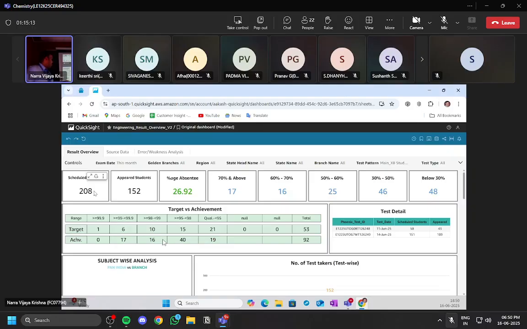Out of 208 students, 150 students appeared. What about the remaining students? 56 students, right? I will consider our branch strength as 152 only. For sure, I will disturb them.